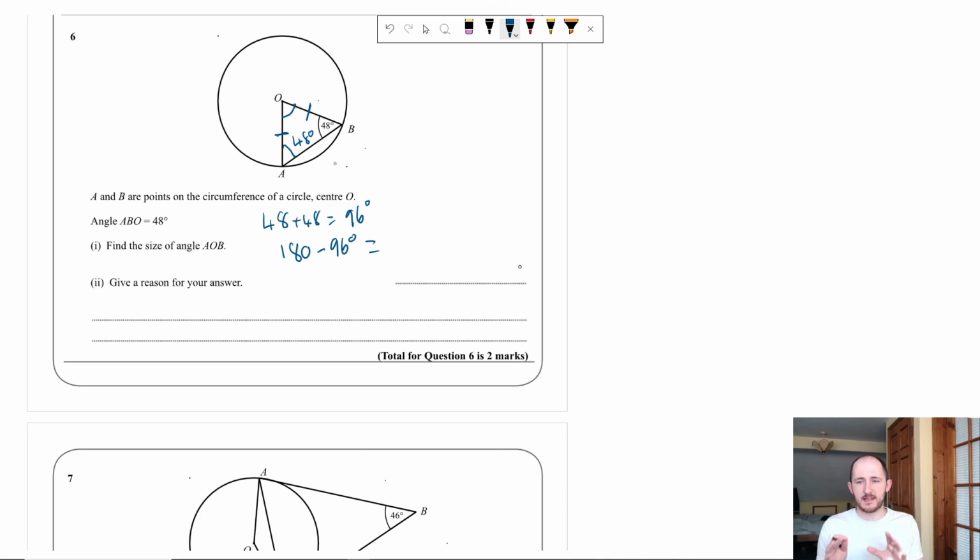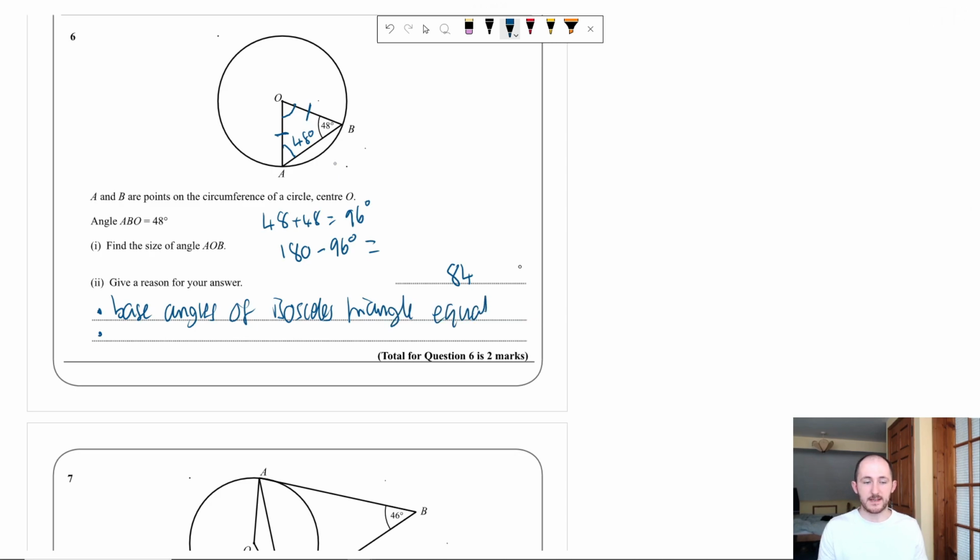Okay, so just labeling stuff up can, generally speaking, get you towards the answer, especially with some of the harder grade 9 circle theorem questions, okay? And that is 84 degrees. And what is the reason for this? Well, this is kind of an interesting one. There are 2 reasons you could give. First of all, you could say base angles of an isosceles triangle are equal.